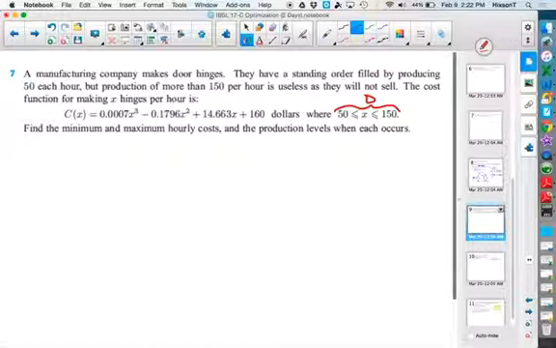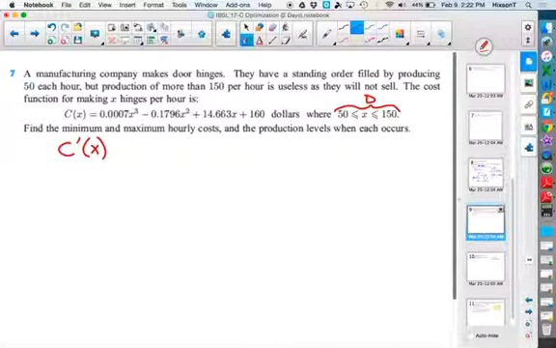Okay, so step 3. Well, hang on. Step 2, part of that, though, was finding critical values. So we do want to find C prime and set it equal to 0 and figure out what critical values are.